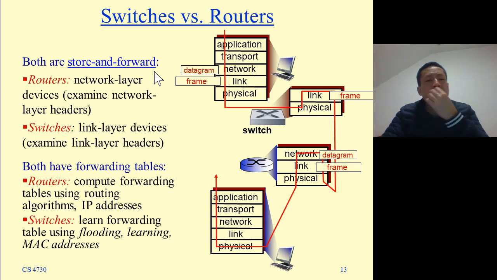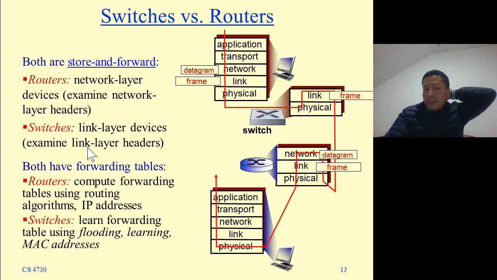But the router is a network layer device, which means that the store and forward is based on the IP datagram, right? But the switch is a link layer device. It only examines the link layer headers, not the IP header, right?